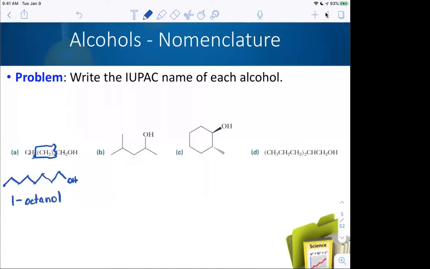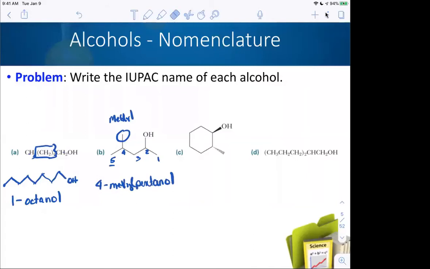for that name. Here in B, I'm going to number to give the OH the lowest number. That means on the 4 carbon, I have a methyl substituent. It's going to be a pentanol. So I'm going to call this 4-methylpentanol.